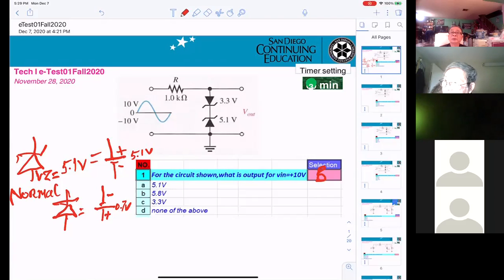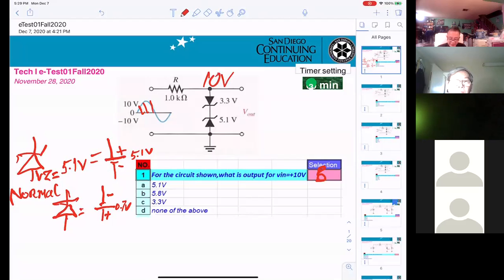Okay, and this one here, what I'm having a problem with is, it's got 10 plus and 10 minus. So basically an AC signal is applied. What happens on this particular circuit? When you get the AC right here positive, that means you get 10 volt on this side, right?